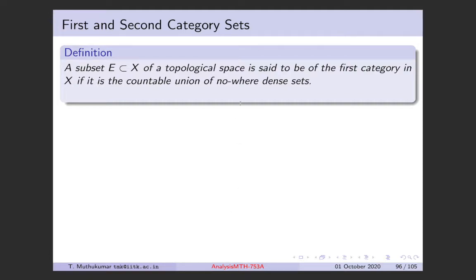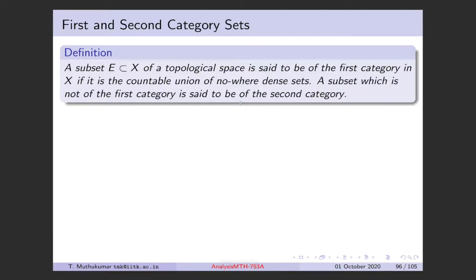Okay, so that's our first category. Now, what is the second category? Second category is a subset which is not first category. So a set is either first category or it is second category. First category means it is a countable union of nowhere dense sets.